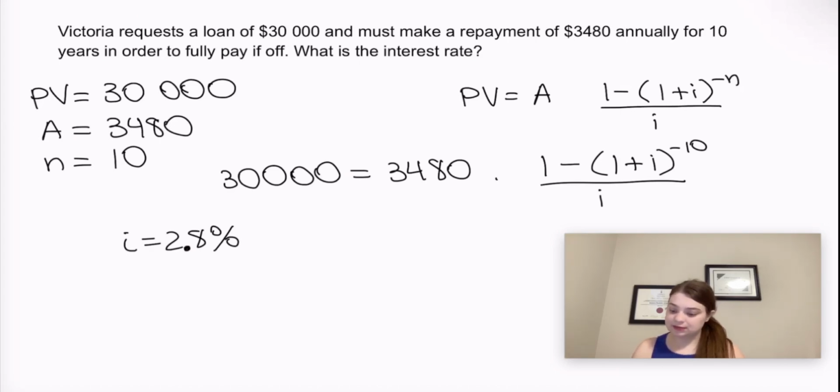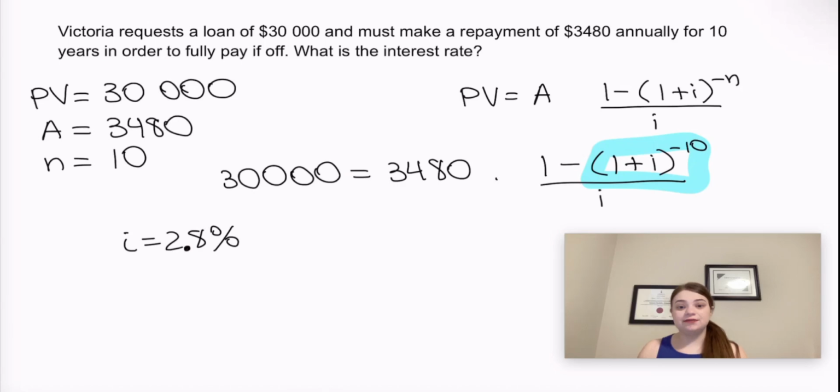So I'm going to start with this part here that I'm actually going to highlight, right? So I'm going to first type into my calculator 1 plus 2.8%, or in other words, 1 plus 0.028 equals, and then to the power of negative 10 equals, and then 1 minus that number, and then we're going to divide by I, so divide by 0.028, which is the same as 2.8%, and then we're going to multiply by 3,480 and see what we get.